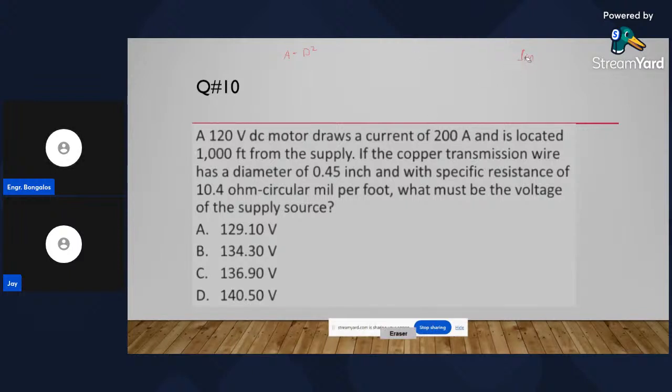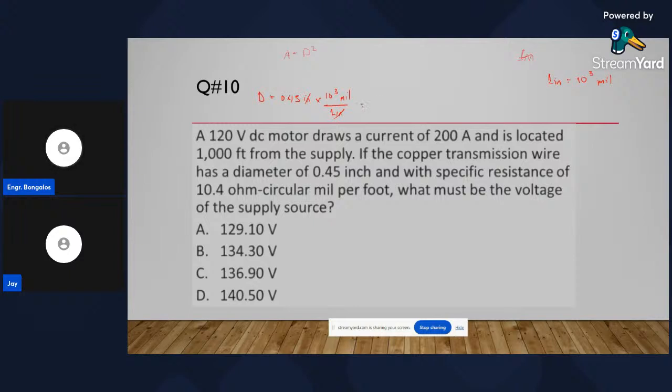Okay. So, 1 inch is equal to 10 raised to 3 mils. So, given dito, naka-inch na. So, therefore, yung diameter natin, yung D is 0.45 inch times 10 raised to 3 mil over 1 inch. So, cancel yung inch.